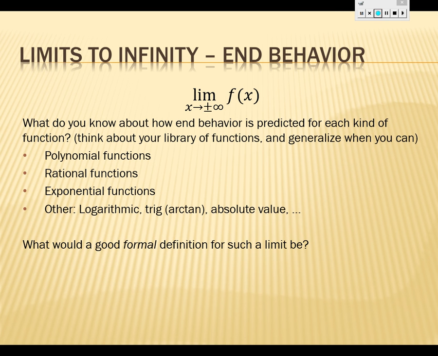Certainly, if you're faced with a polynomial function, I think you can not only handle it, but you can also generalize every case that could ever come to you in terms of polynomial end behavior. Same with rational functions. I have a couple examples in a second that will help us recall what you know about the end behavior of rational functions. Exponential functions, I want you to recall some of those general rules about how that works. And then what about other functions too? Obviously, we don't want to restrict our attention to only those functions.